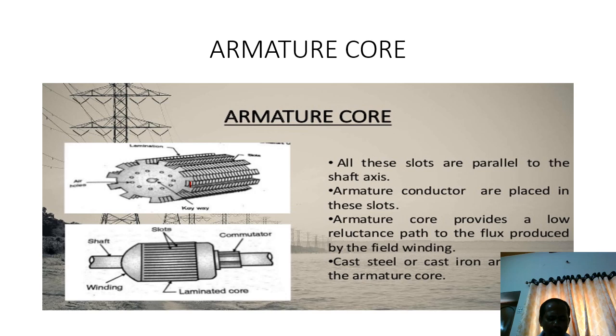Slots are provided on the outer periphery of the core to house the winding in proper position, and the keyway is provided on the inner diameter to fix it on the shaft. Air holes or ventilating ducts are provided which permit the axial flow of air for cooling purposes.